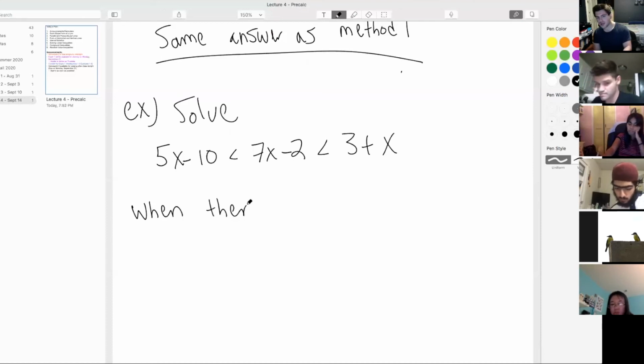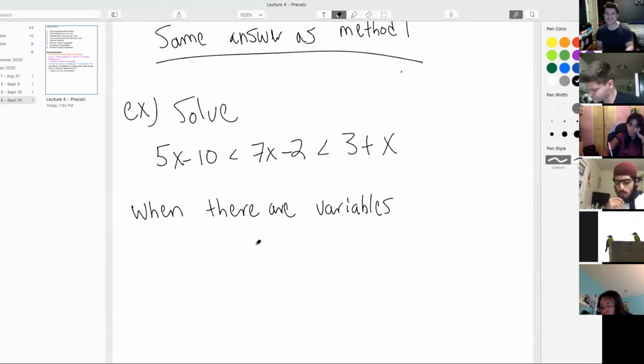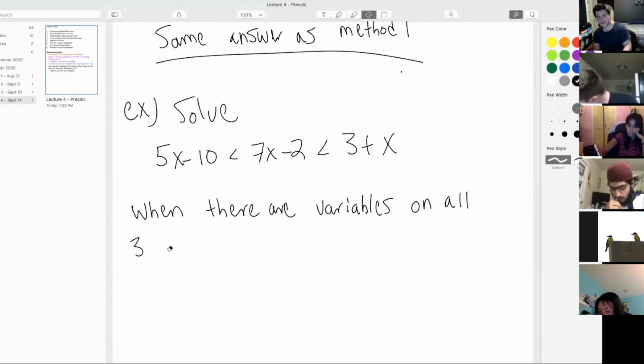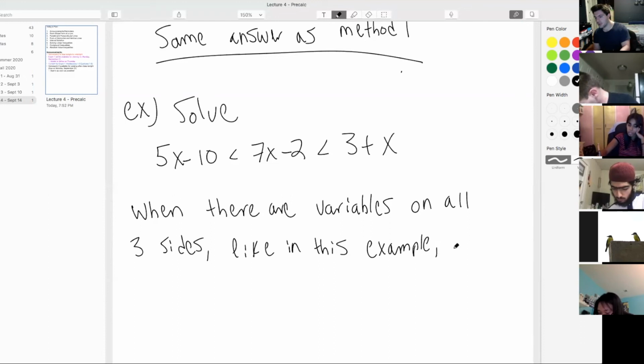So when I say variables, I mean when there are x's on all 3 sides, like in this example, it is best, oh, sorry, it is best to use method 1.